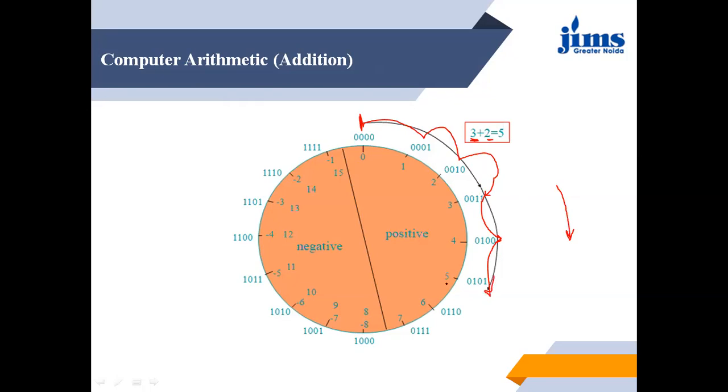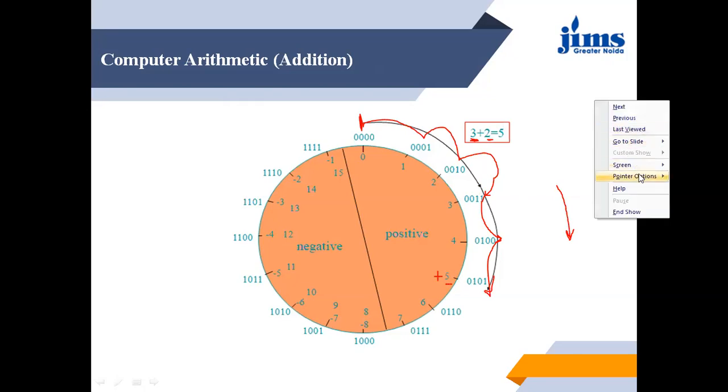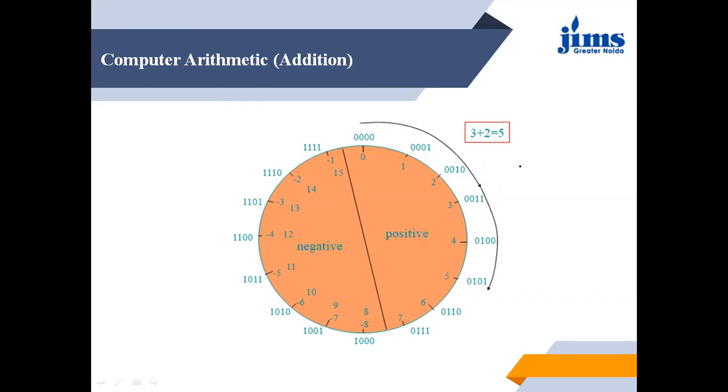So the sum is plus 5. So I think when we add two positive numbers, there will be no problem in adding the numbers. There should be no doubt at all about it.